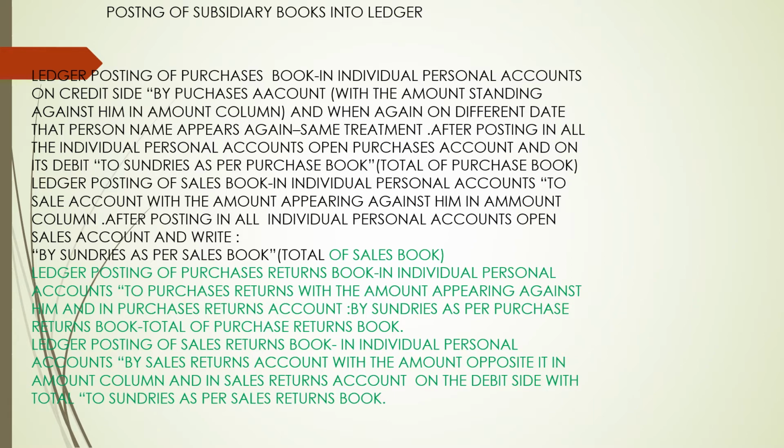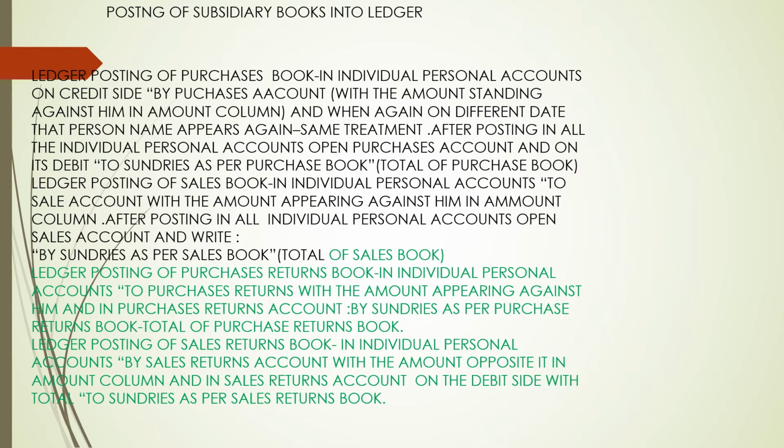When that person's name appears again on a different date, apply the same treatment. After posting in all the individual personal accounts, open the purchases account, and on its debit side write to sundries as per purchase book, with the total of the purchase book.